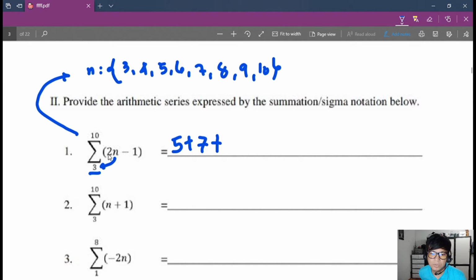Plus 2 times 5 is 10 minus 1 is 9. As you can see, there is a pattern. Ang pattern is we are adding 2 each term.